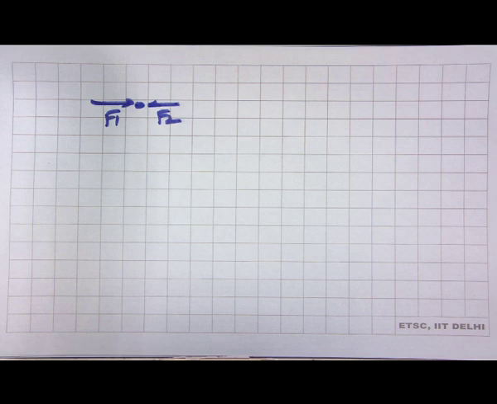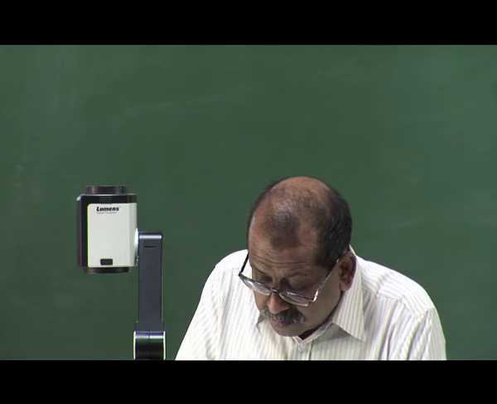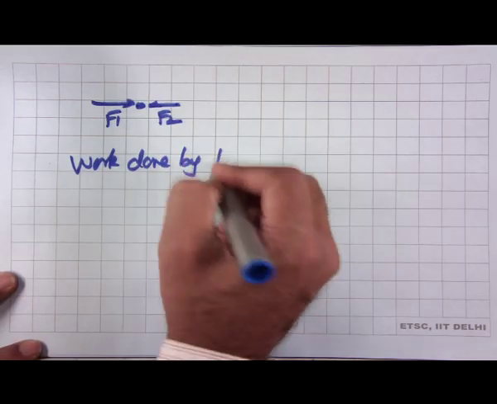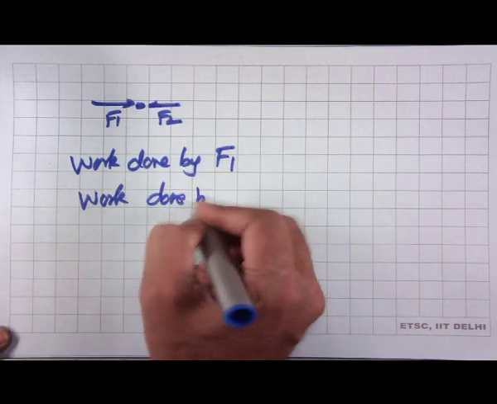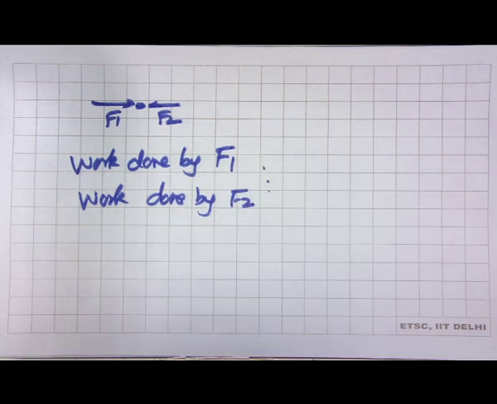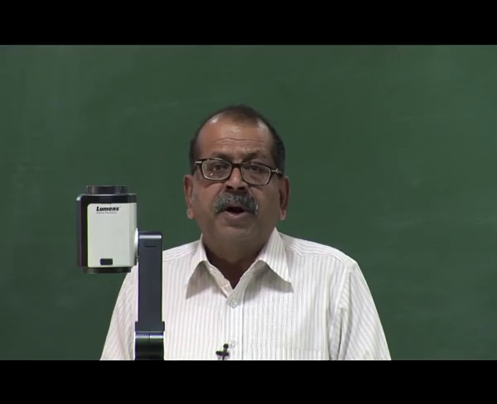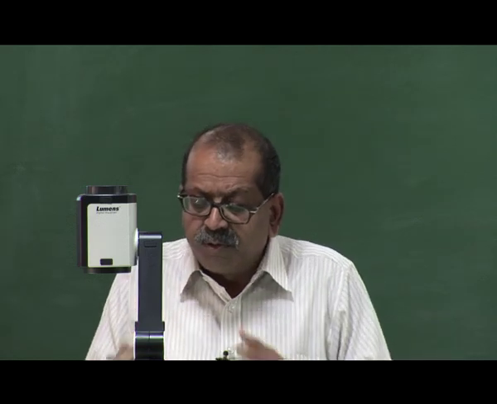Different forces act on the same body. So, now we will have work done by F1, work done by F2 and so on. Each force will do work on the body, and the work done will be given by the product of force times the displacement.